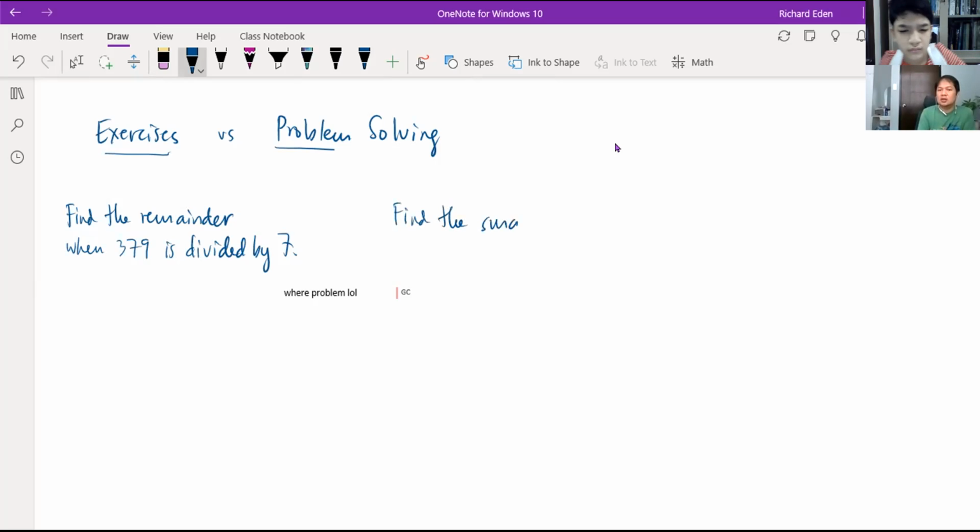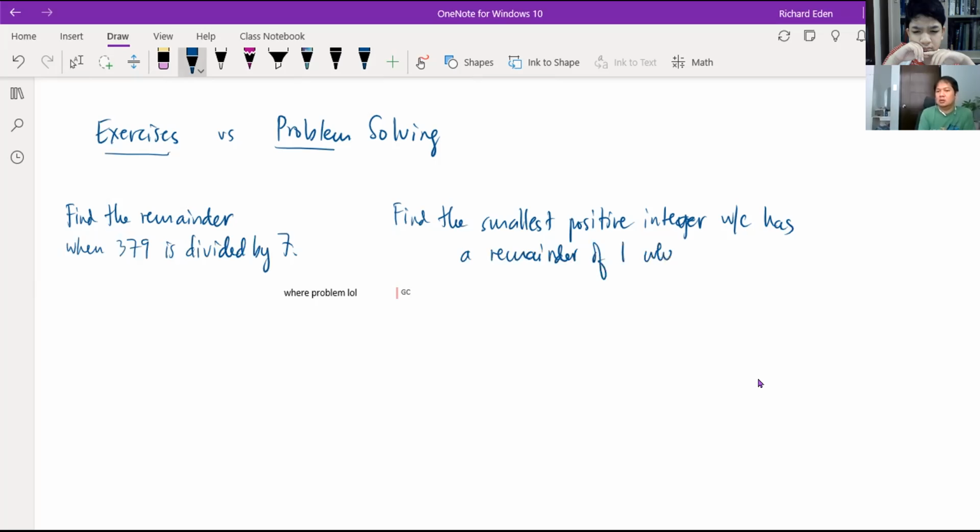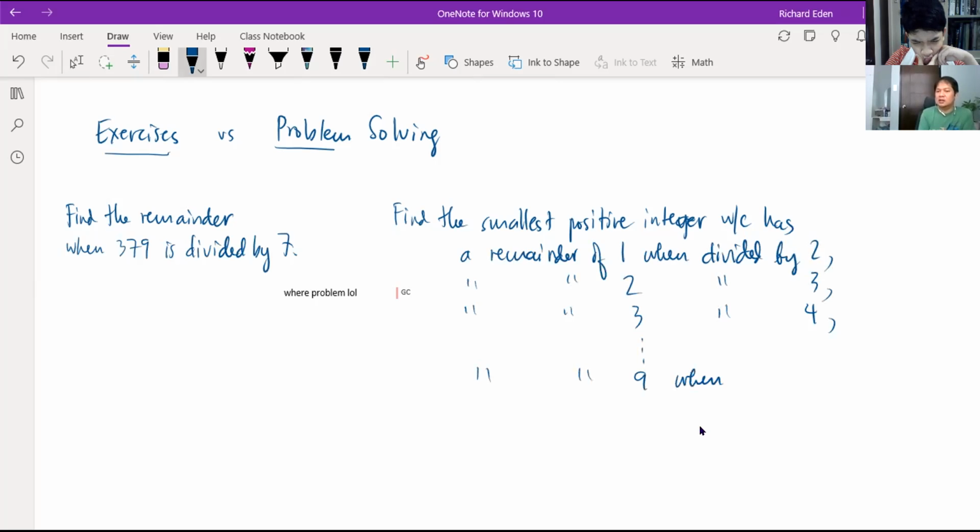Find the smallest positive integer which has a remainder of 1 when divided by 2, a remainder of 2 when divided by 3, a remainder of 3 when divided by 4, and so on until the very last condition, which says it has a remainder of 9 when divided by 10.